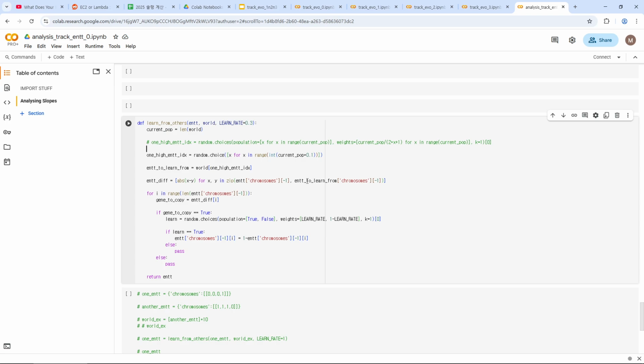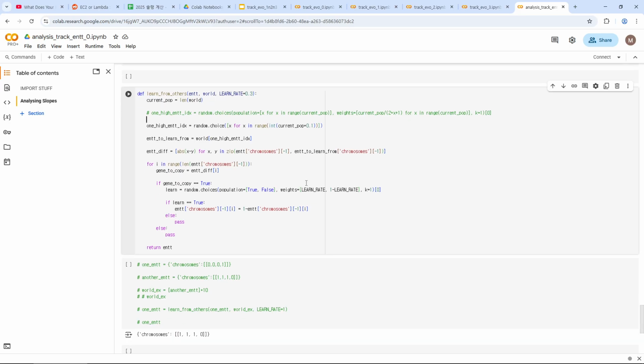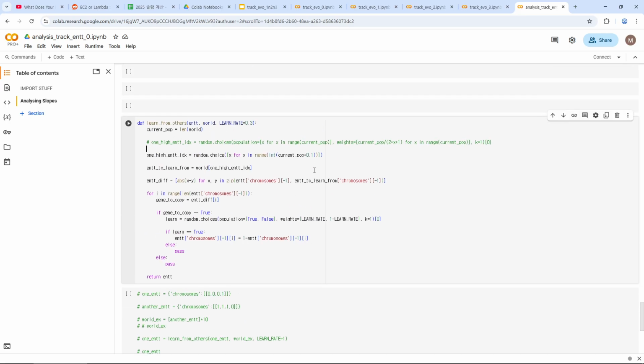And so the entity difference, the list, is something like 1 where a gene is different between the two entities, or 0 where the gene in the same place between the two entities is the same.